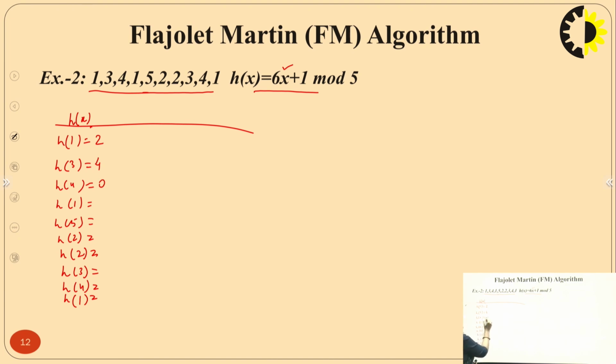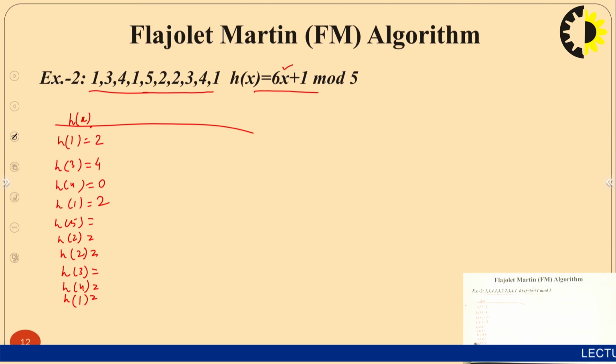Here we will get a 0, and for h1 again we can repeat the same. For 5 we have not solved yet, so we will solve it. 6 5s are 30, then 1, 31 mod 5, so we will get 1 here. Similarly for 2, 6 2s are 12 plus 1, 13, we mod it by 5, so we will get remainder 3.